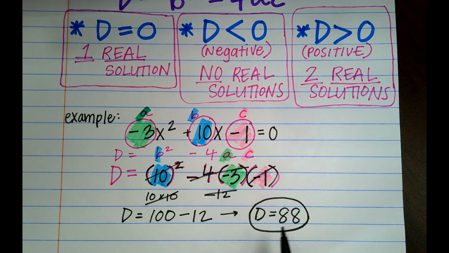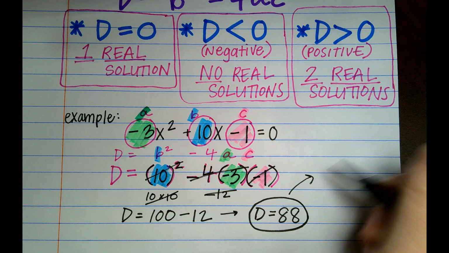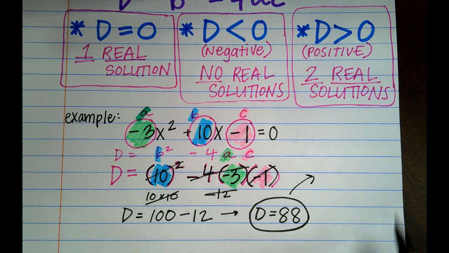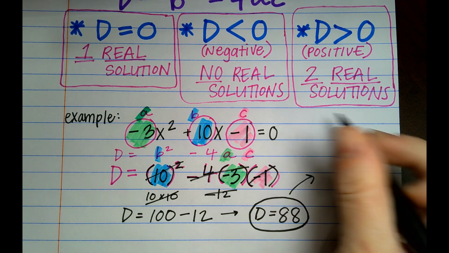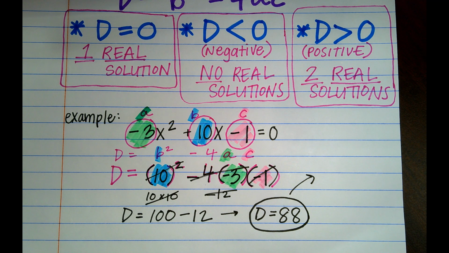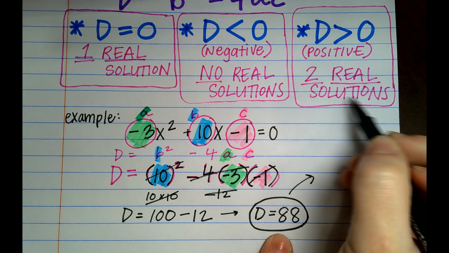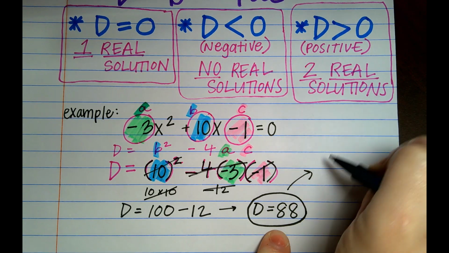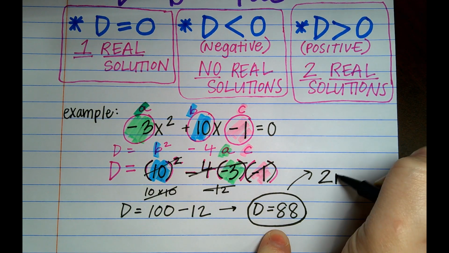Perfect. So we got our discriminant, or D, that is 88, positive 88. Because we got a number that is greater than 0, a positive number, we know that there will be two real solutions. So if we wanted to abbreviate that, because there will eventually be a question like this, where I say, what's the discriminant? How many solutions? Instead of writing out two real solutions, a good way to abbreviate is 2RS.